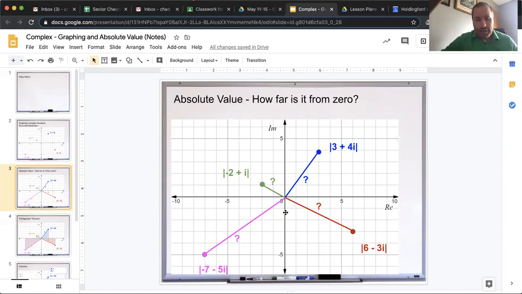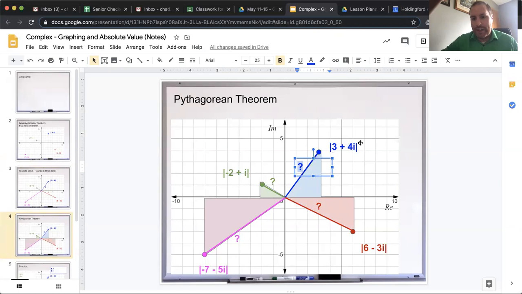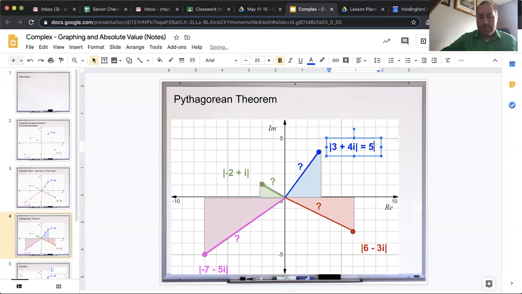As you can probably recognize right now, in order to find the absolute value, we just make our triangle and apply the Pythagorean theorem. So here, the absolute value of 3 plus 4i would be equal to 5, because if we use the Pythagorean theorem there, it's 9 plus 16, and then take the square root.